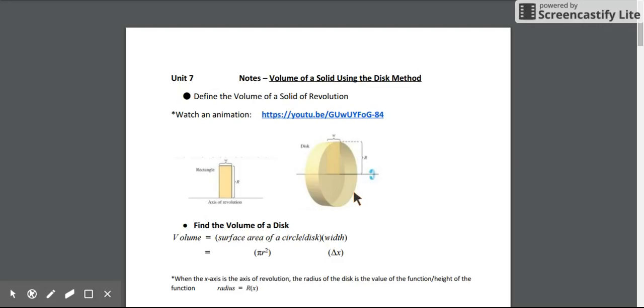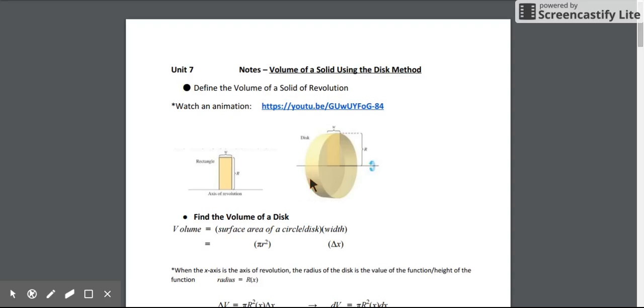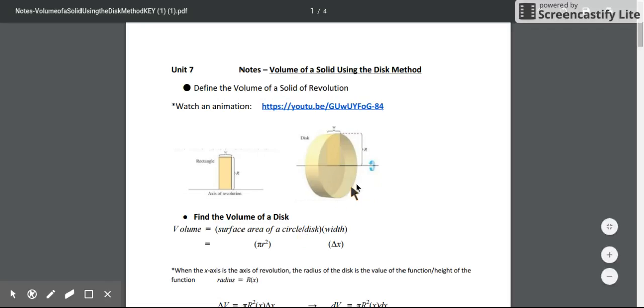And we can find the volume of this disk by finding the volume of a cylinder, essentially. And the volume of a cylinder is the area of the circle times the height. So the area of this circle, which is pi r squared, times our height, our width, change of x.